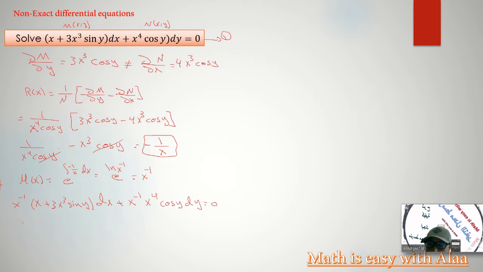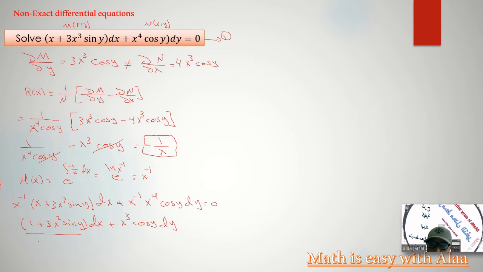So simplify it: x to the power negative 1 times x is 1, plus x to the power negative 1 times 3x³ is 3x² sin y, dx, plus here it will be x³ cos y dy.